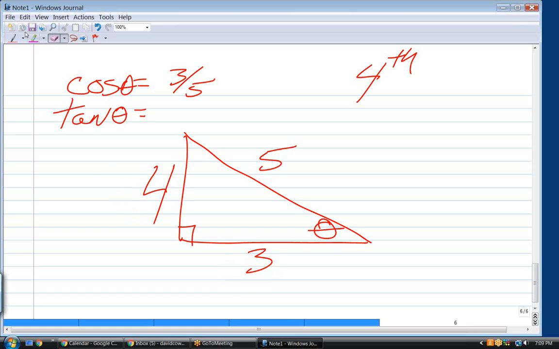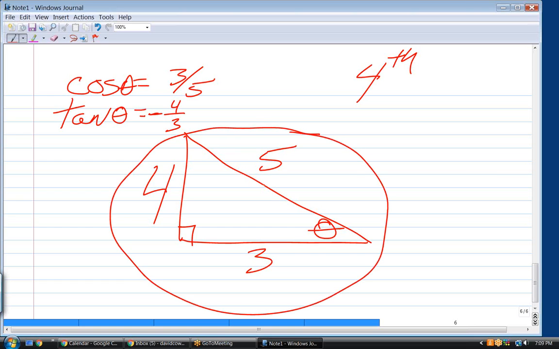So it would be 4/3. And what is its plus or minus sign in the fourth quadrant? Negative. Right. So again, these are all positive numbers, and I just use positive numbers and triangles to get the number right. And you can always figure out the plus or minus sign based on its quadrant.